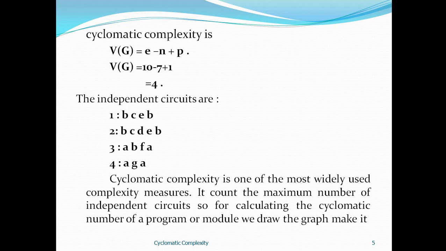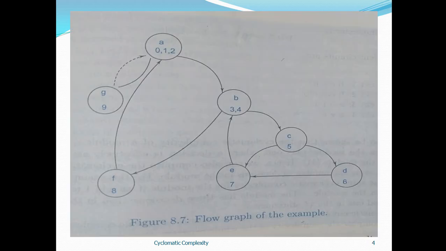Here A, B, F, A: these independent circuit statements are the third one, right? Can you look at the graph? A is connected, the line is passed to the B node. The B node line is passed to the F node.